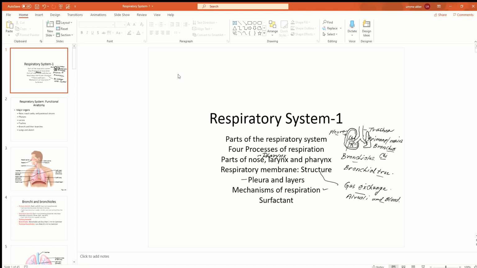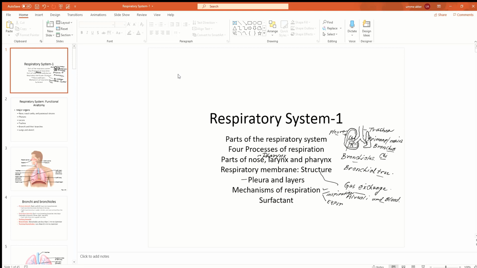Respiration has two phases. One is called inhalation or inspiration, which is also called inhalation, and expiration, which is also called exhalation.